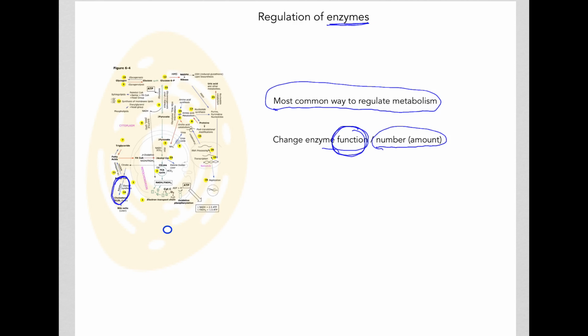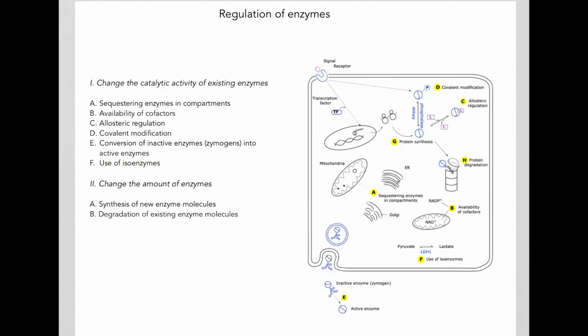So the cell could increase or decrease the enzyme function, or it could increase or decrease the number of enzyme molecules in order to regulate metabolism.